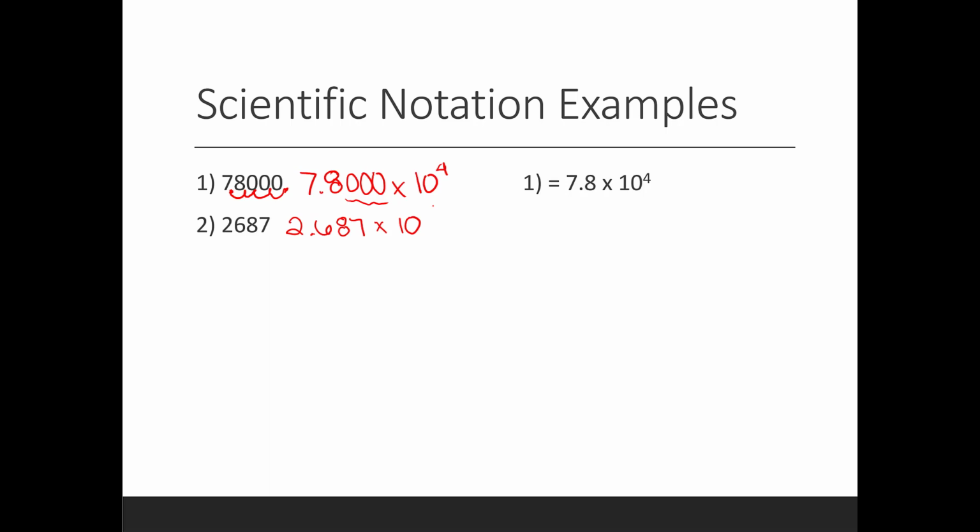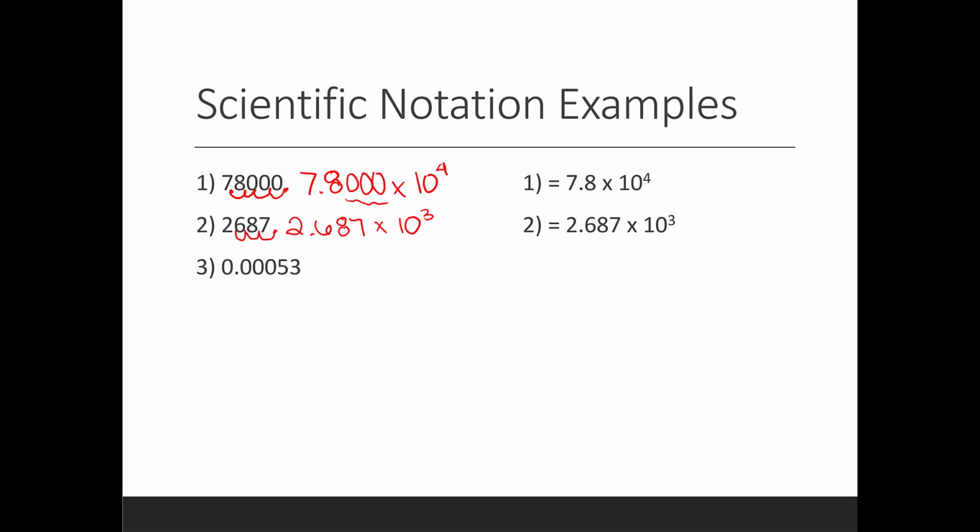The number is greater than 1, so I know I'm going to end up with a positive exponent. The question is, positive what? Well, the decimal is here, so I can move it 1, 2, 3 times to get it between the 2 and the 6. So the answer is 2.687 times 10 to the 3rd.